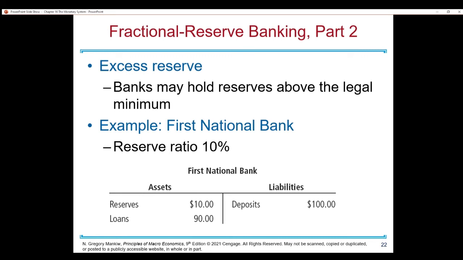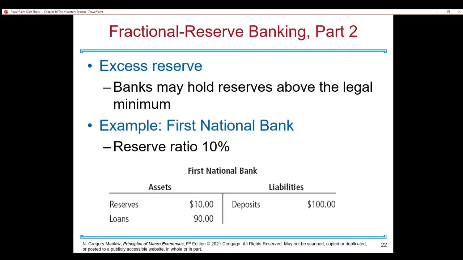Now, let's think about what happens to the money supply when it loans out $90. The first guy who deposits the money has $100 in his bank account. The second guy who got the loan for $90 has $90 cash to buy goods or services. So what's the money supply? Is it still 100?